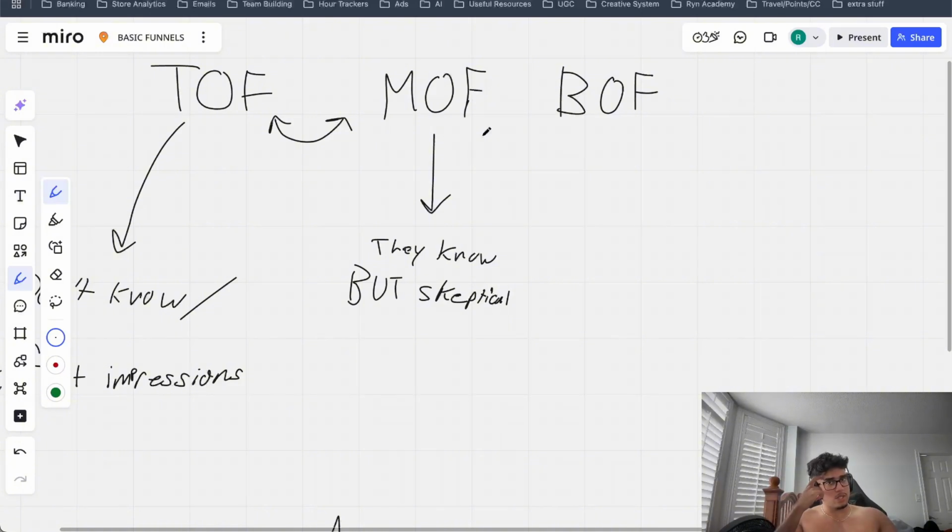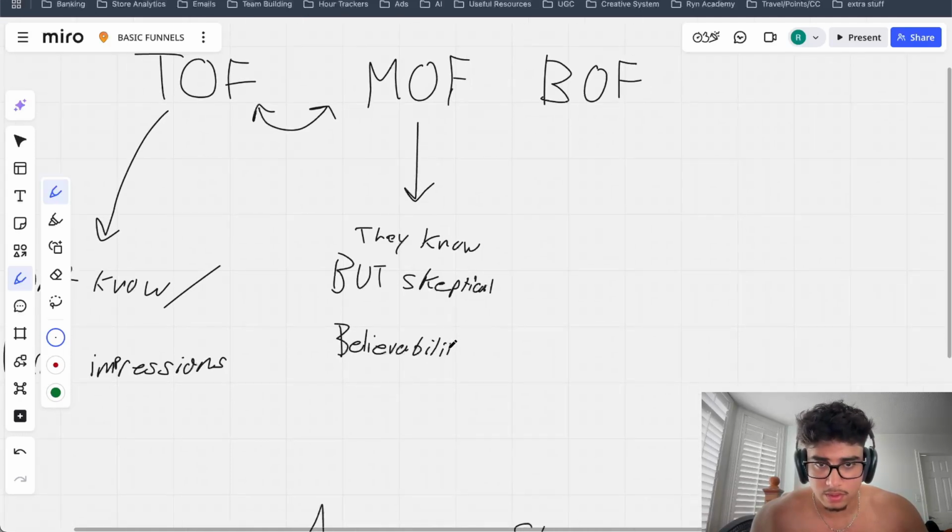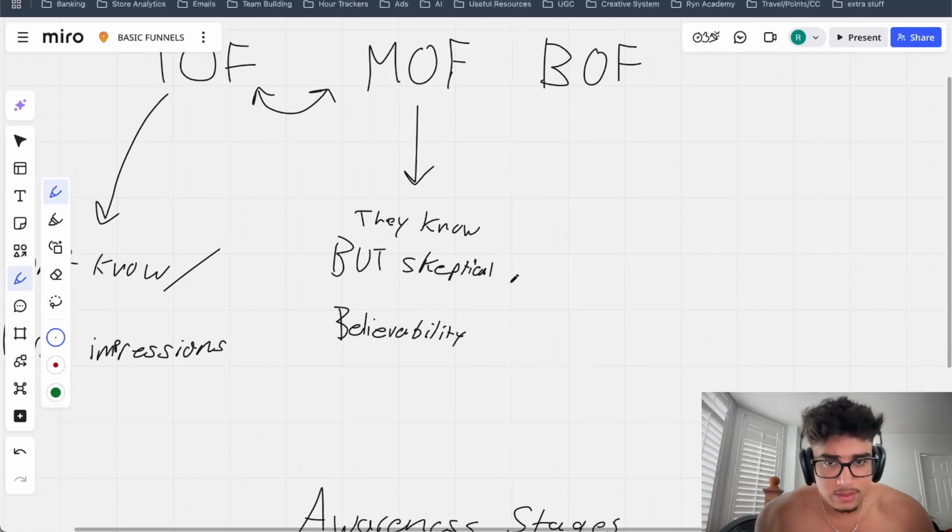It just makes things more believable. So just dumb it down: believability, that's your goal with middle funnel ads, I would say.